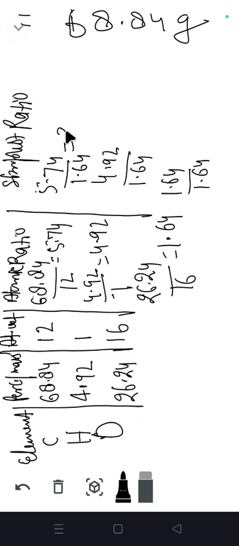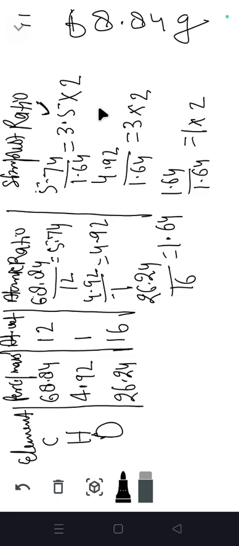It is coming 3.5, it is coming 3 and it is coming 1. Because one value is coming in fraction, whenever in any question the simplest ratio is coming in fraction, to make it a whole number we have to multiply all the values by 2.